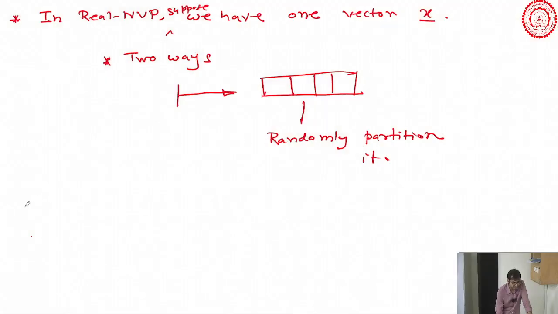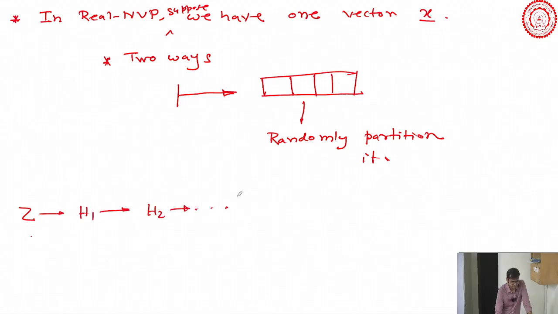You don't have the same parameter, that m theta. So let me draw it here. This is a good time to draw it. You will have something like this, right? Each of these can be an affine coupling block, and each will have its own parameters.